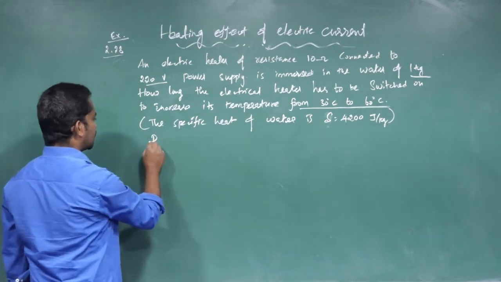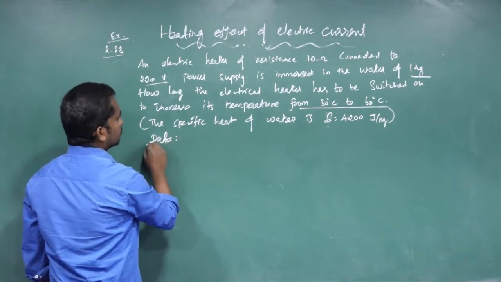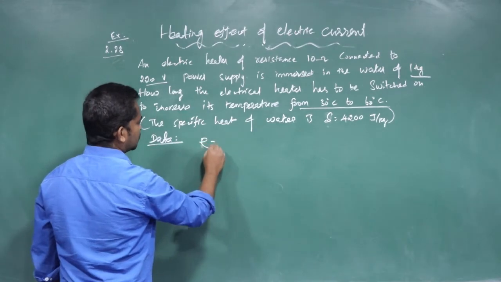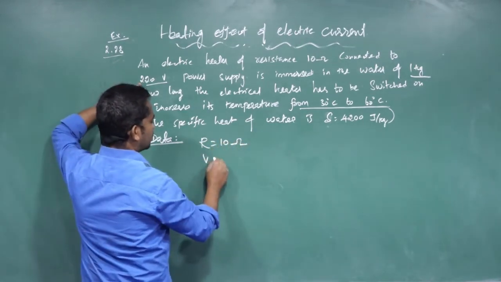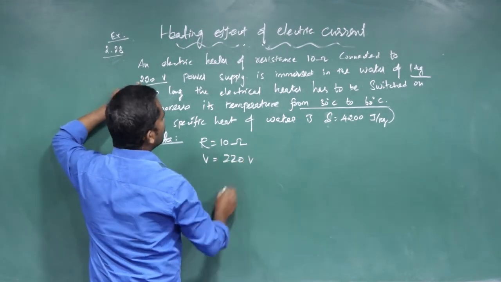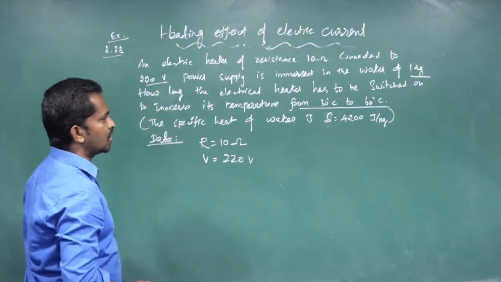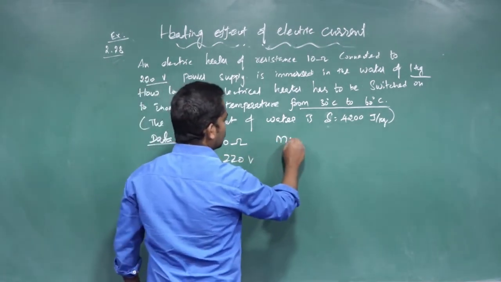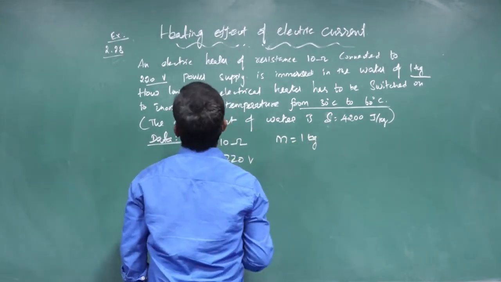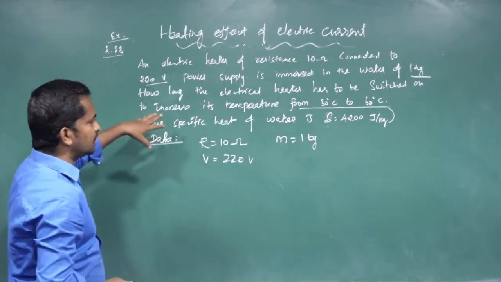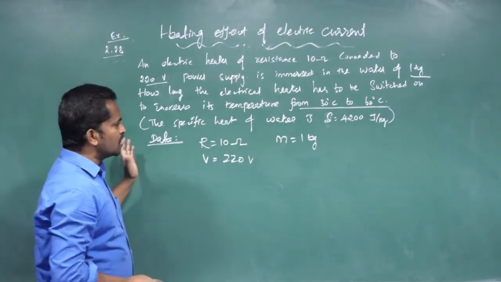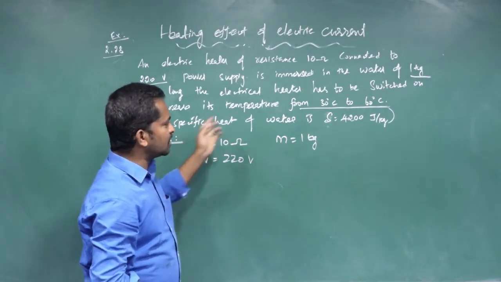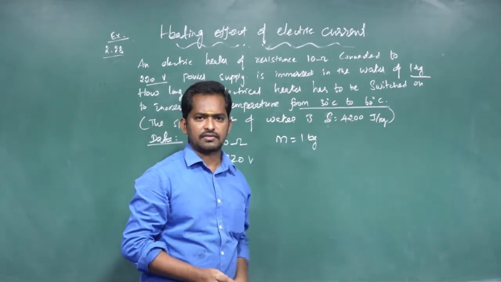First of all, write the data. Heater resistance R is equal to 10 ohm, connected to 220 volt. V value is 220 volt. The power supply is immersed in water of mass 1 kilogram. And how long does the electric heater have to be switched on? I want to calculate the time period for the increase in temperature from 30 degrees Celsius to 60 degrees Celsius.